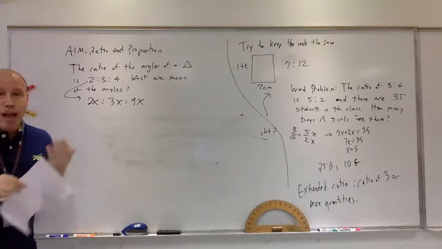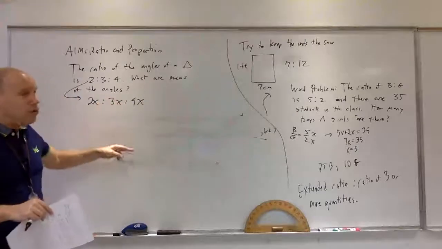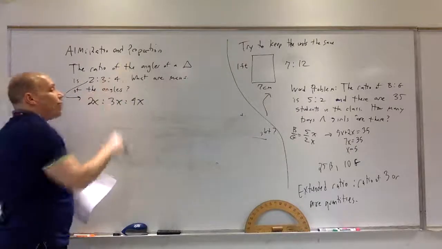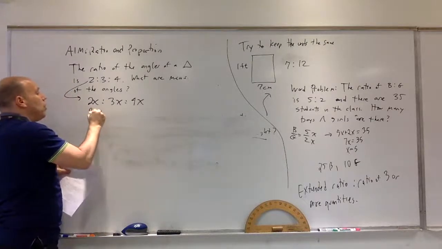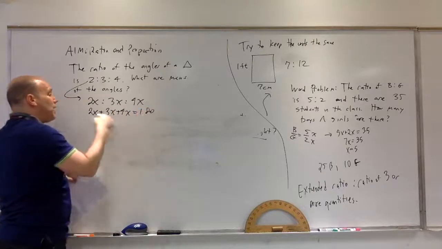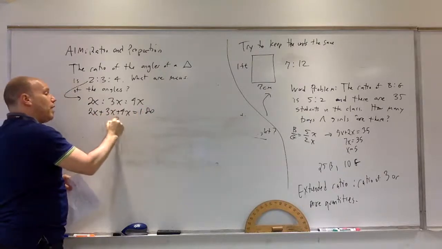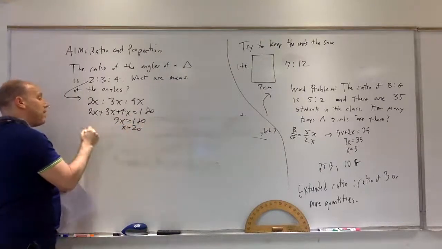Now, back in guess and check days, you would try 1, 2, and 3, and keep going until you knew the sum was 180, but you've already had an algebra class, so you can say, 2x plus 3x plus 4x equals 180. 2 plus 3 plus 4 is 9, 9x equals 180, x equals 20.